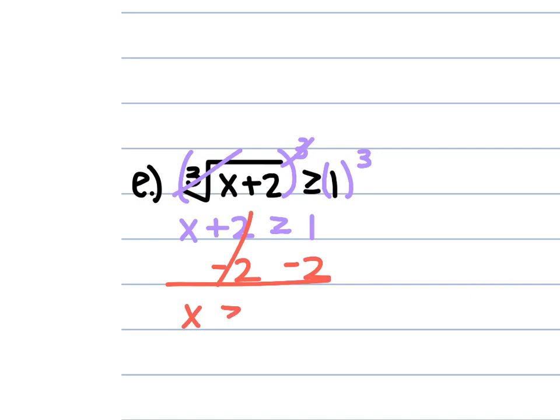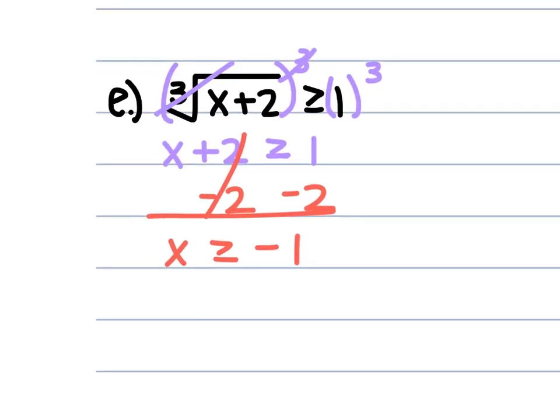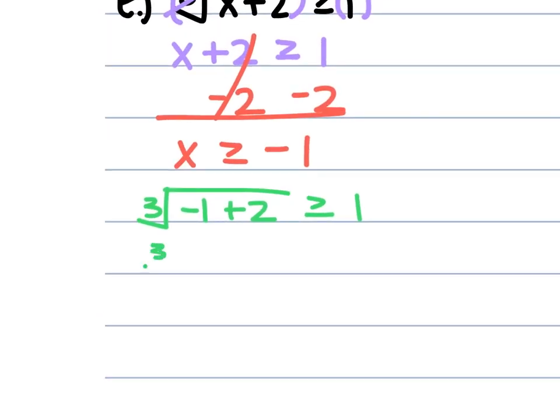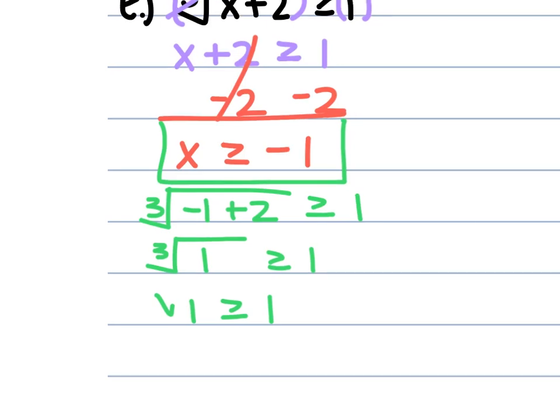So x is greater than or equal to negative 1. Plug it in and simplify. You have the cube root of negative 1 plus 2 is greater than or equal to 1. The cube root of 1 is 1. So 1 is greater than or equal to 1. We're good. x is greater than or equal to negative 1.